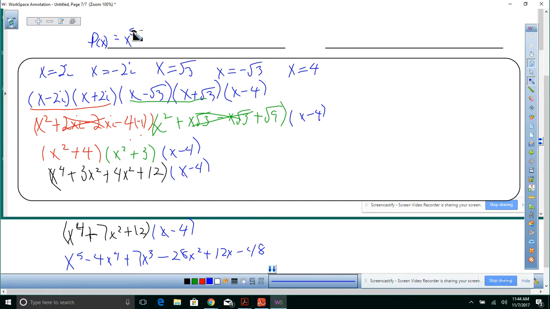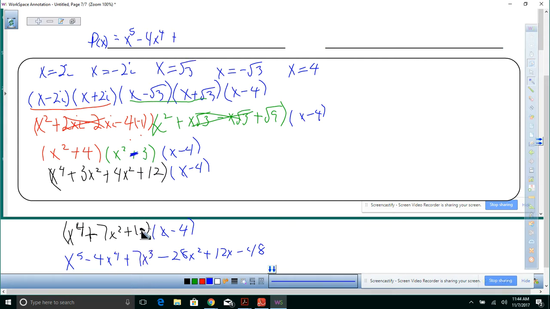X to the 5th minus 4x to the 4th plus, and I got 7x cubed plus, that's 3. These were both positive, right? That's 4. No, that was supposed to be minus 3.